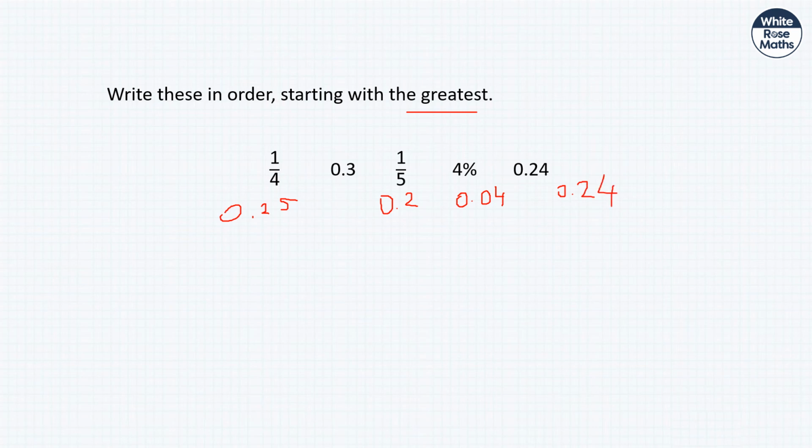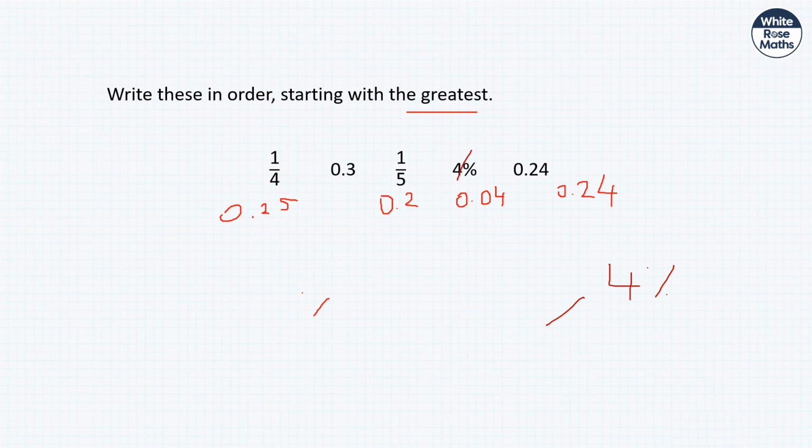So working these out, taking my time, it's 4% first, because that's the smallest. Oh no, sorry, this time it says greatest, so it starts with greatest first, sorry about that. So this one will actually appear right at the end, 4%, so cross that off.